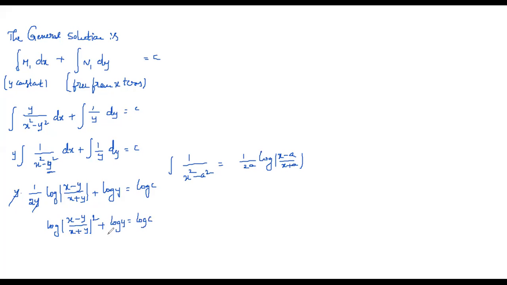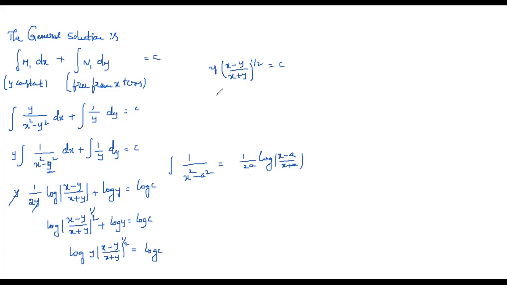This is in the form log a plus log b, so we can write log AB: log of y into ((x minus y) by (x plus y)) whole power 1 by 2 is equal to log c. With log on both sides, we get y into ((x minus y) by (x plus y)) whole power 1 by 2 is equal to c.